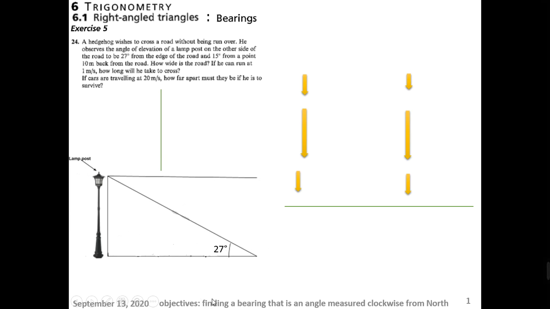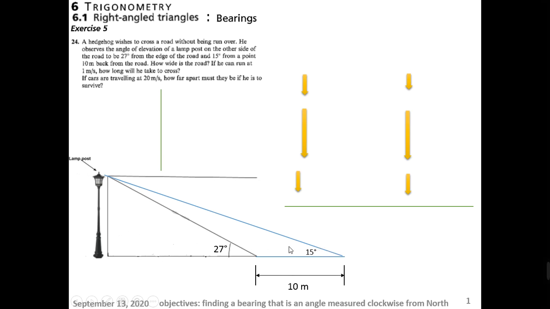Then from this point, he went back 10 meters as follows, and he is still observing this lamp post. So this new angle when he went back 10 meters is 15 degrees. So this is my 15. How wide is the road if he can run at 1 meter per second?